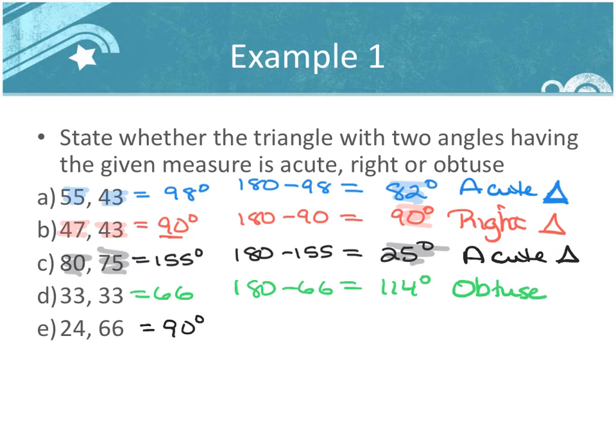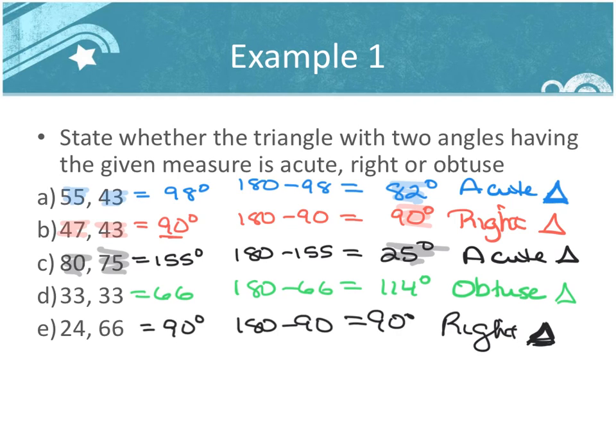This gives me 90. 180 minus 90, 90 degrees, so it's a right triangle. So when they give you two angles, you have to take the time to find the missing third one before you can classify.